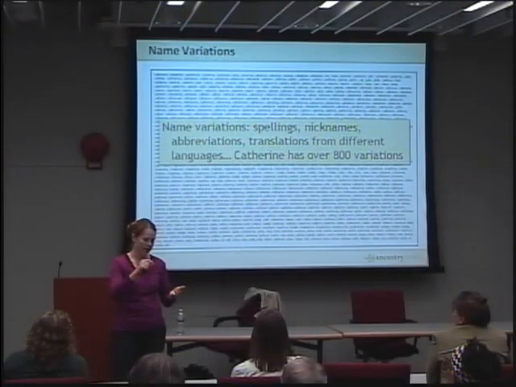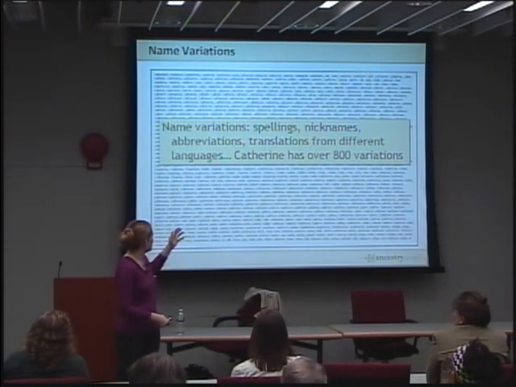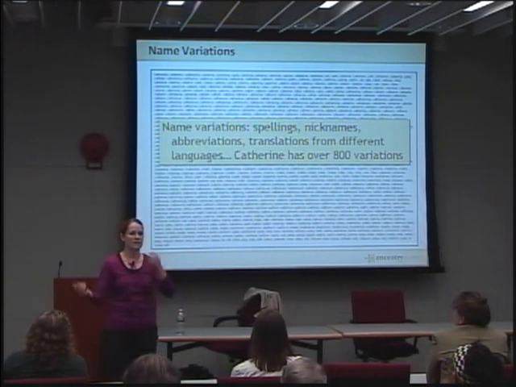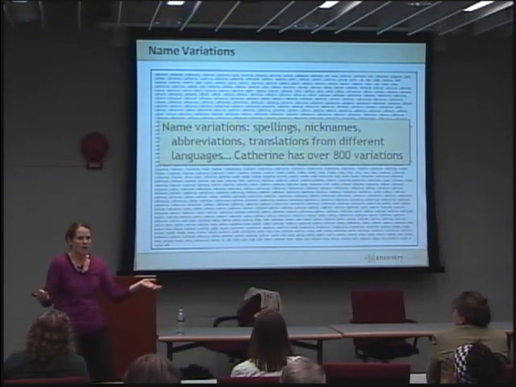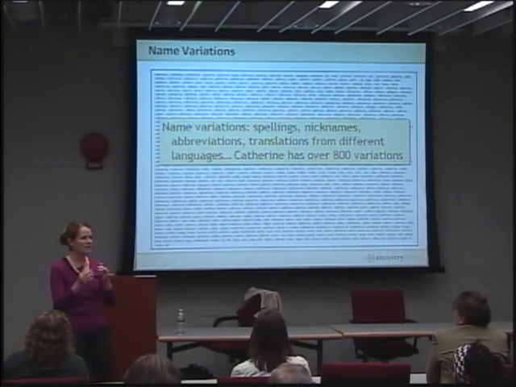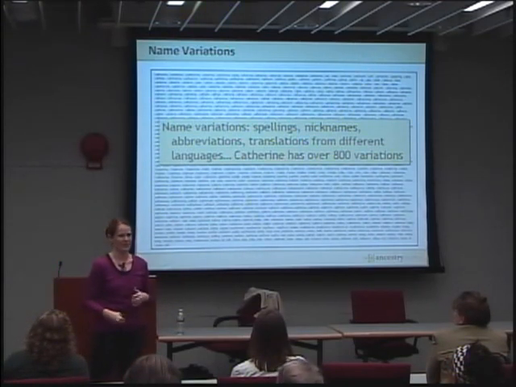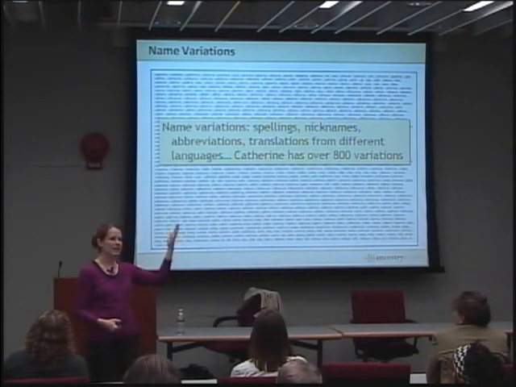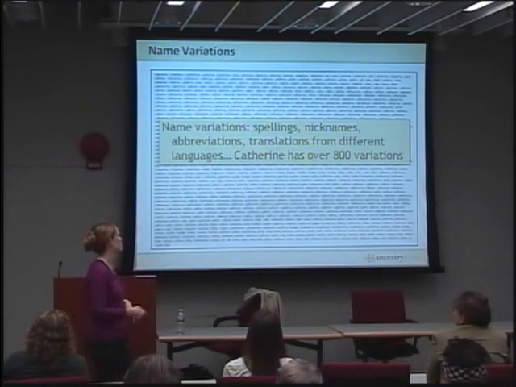Okay, Catherine with a K, and Catherine with a C, and Catherine with a Y and an I-N-E. I mean, Kate, and then Katie. We could probably come up with 25 to 30 as a group, but 800 name variations? You don't want to type those in. I don't want to type in 5 name variations. I'm kind of lazy like that. I like that the search engine is going to do this for me.